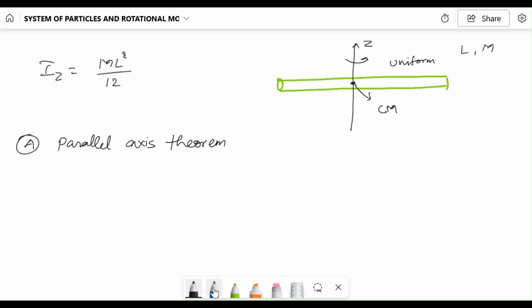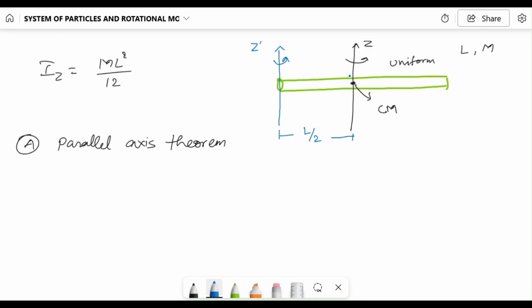Okay. So in that case, if we want its moment of inertia about a new axis, let's say this is z prime, this distance is L by 2. I'm talking about distance. This distance is L by 2.